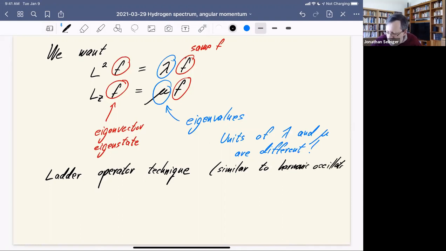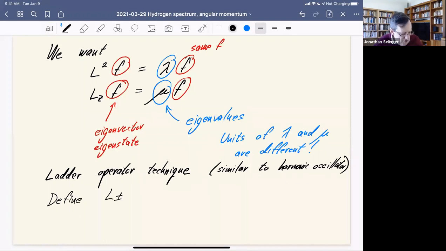One of the reasons why I showed you the ladder operators for the harmonic oscillator is that we're going to use the technique again here. It's not exactly the same, but it's related. You remember with the harmonic oscillator, we defined the operators A plus and A minus, which could take any state and shift you to a higher state or to a lower state in the energy spectrum. Similar trick here.